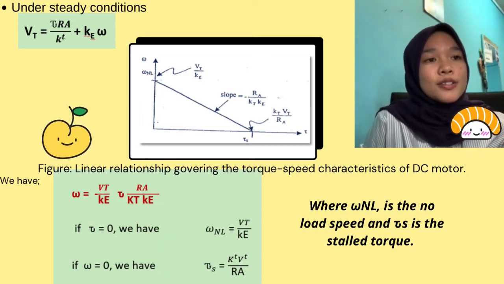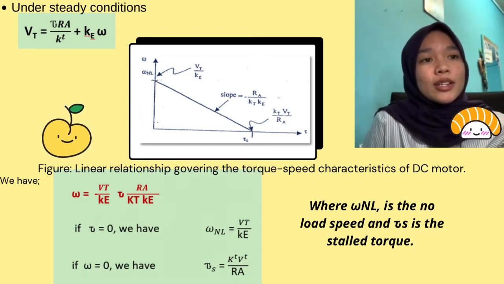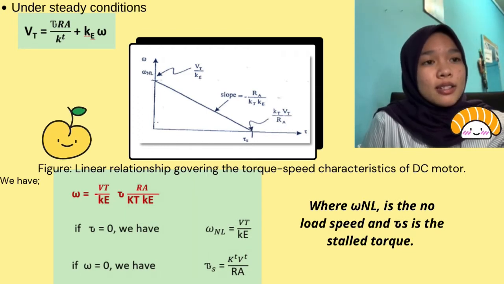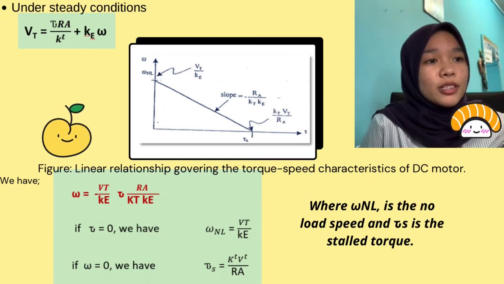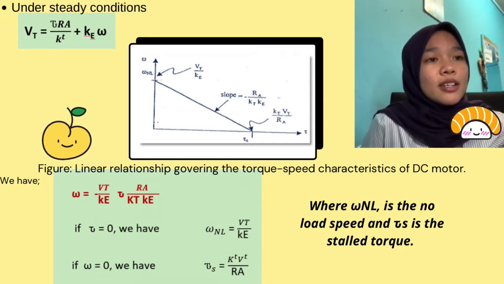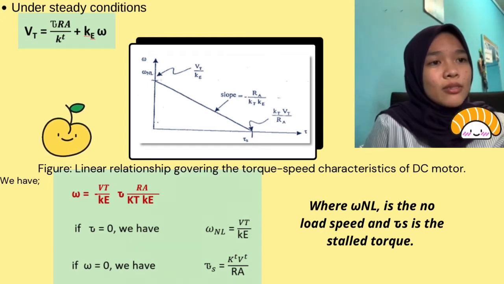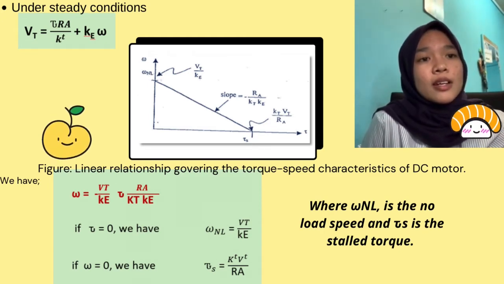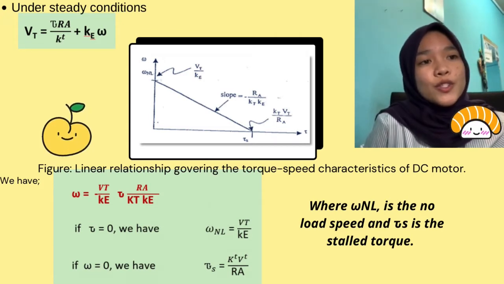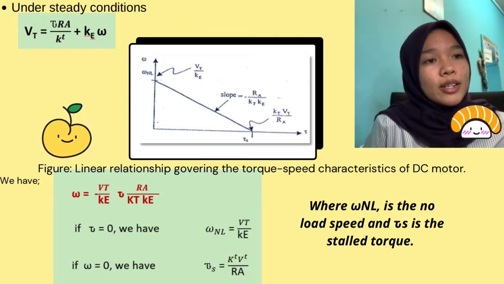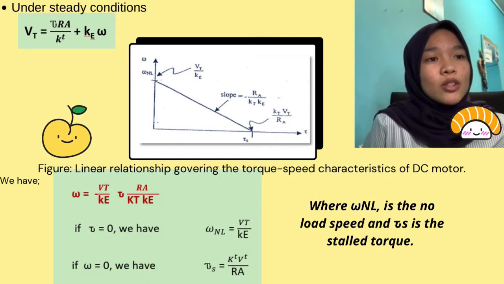We have speed equal to negative Vt divided by voltage constant, plus torque times armature resistance divided by torque constant times voltage constant. If torque equal to 0, we have no load speed equal to Vt over voltage constant.